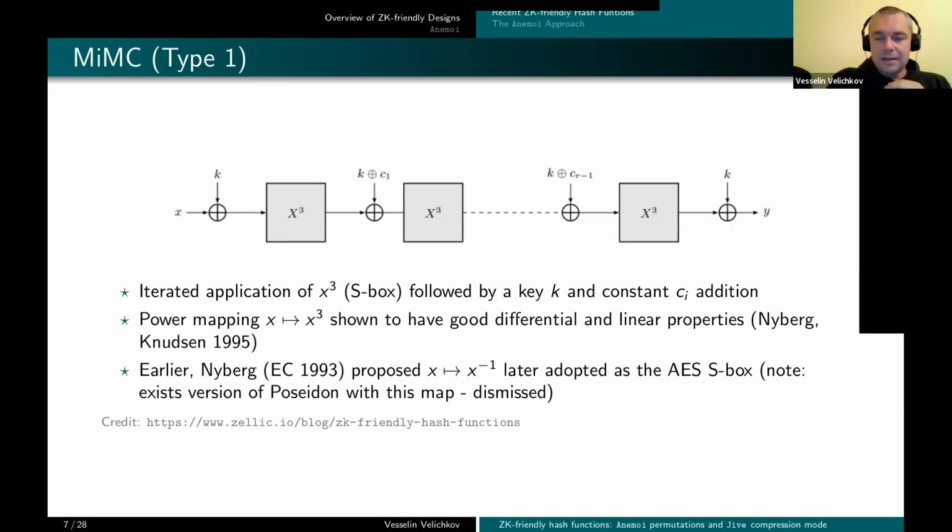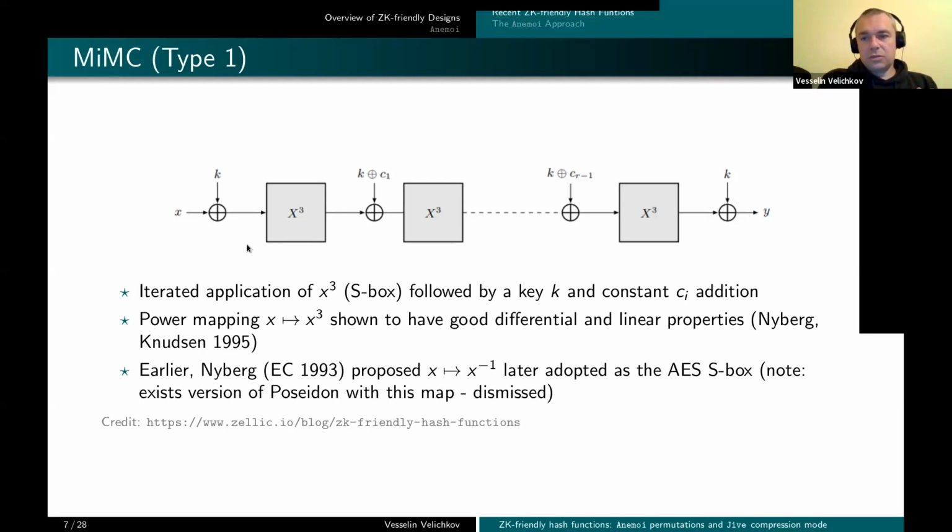Okay. So here I will give you examples of type 1 and type 2 designs. And the first one is MiMC. It's arguably one of the first, if not the first, arithmetization-oriented hash function targeted specifically for advanced cryptographic protocols. I believe it was proposed for multi-party computation initially. And it's a very nice design to start with, because it's basically as simple as you can go for designing a ZK-friendly hash function.